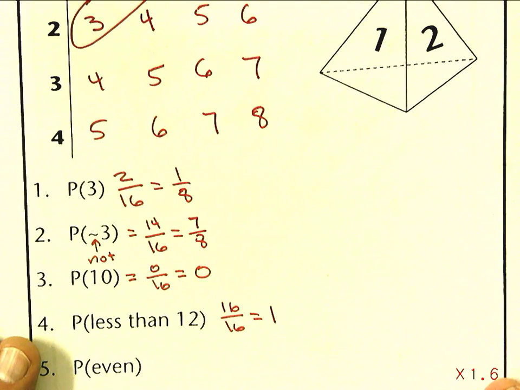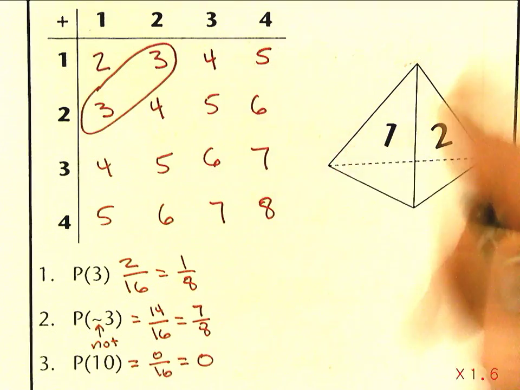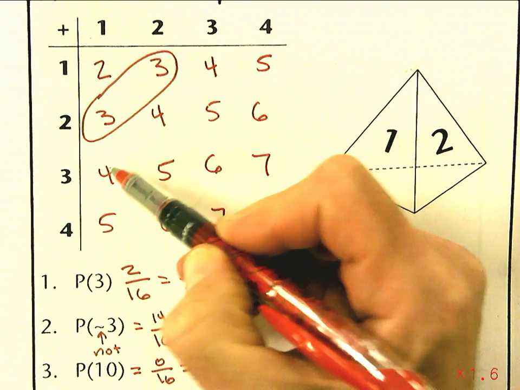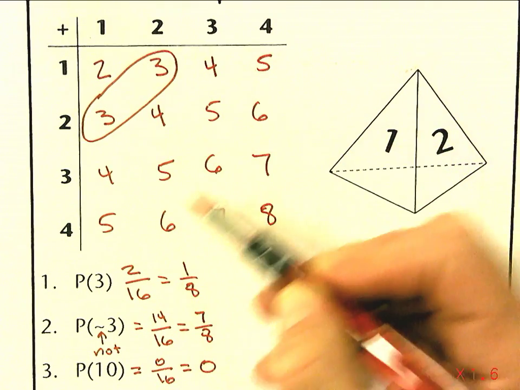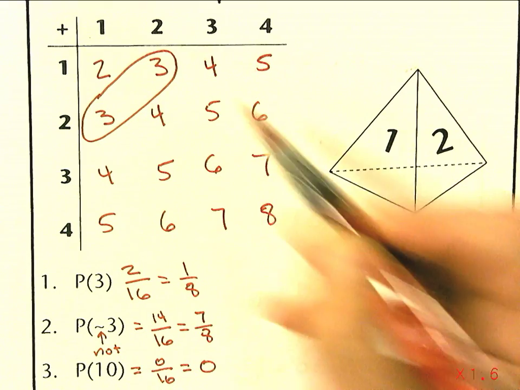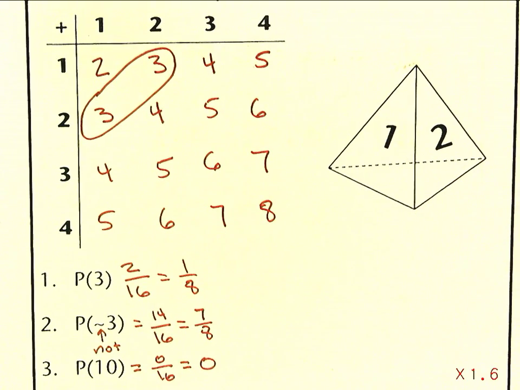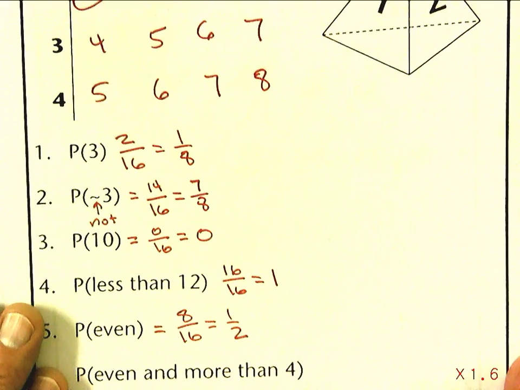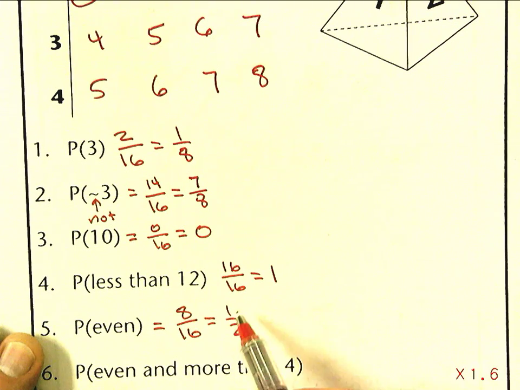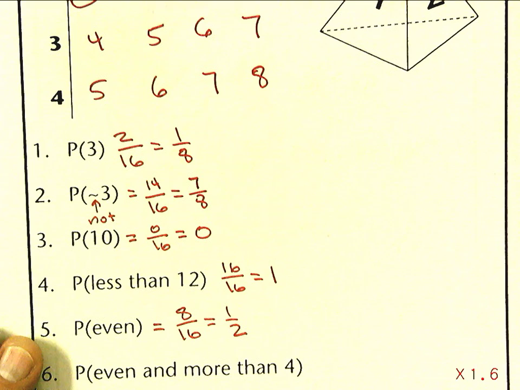And then we're going to look at some special cases, in this case even numbers. If we look at the even ones, we have 1, 2, 3, 4, 5, 6, 7, 8. If you think about that, that's half of the 16, which makes sense: 8 of the 16 are even. And then some of our special cases, the AND case, which means both of these have to be true.